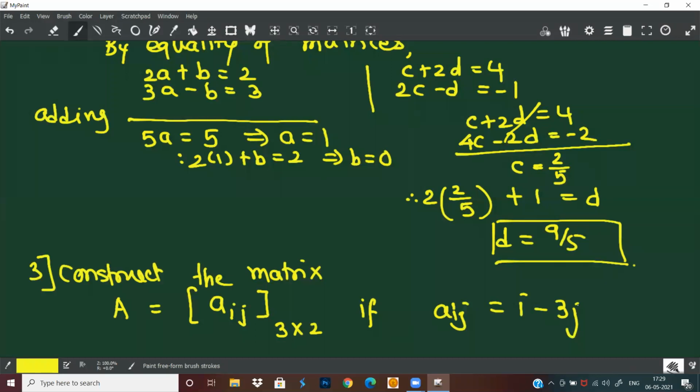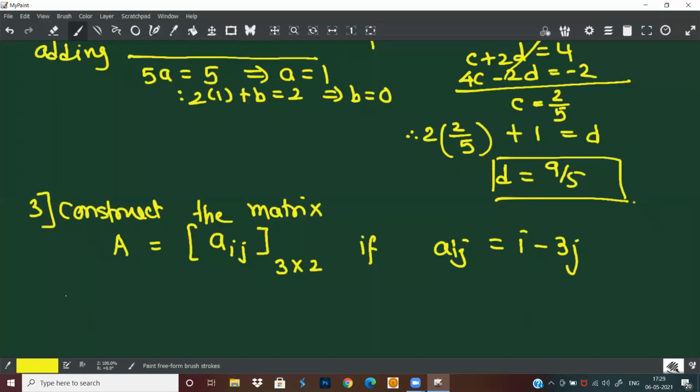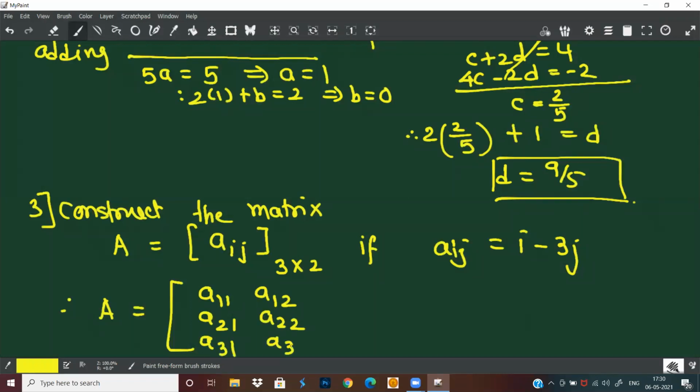Construct the matrix A of order 3 by 2. So अपने को अभी 3 rows and 2 columns चाहिए. So कैसे लिखोगे 3 rows? 2 ही columns चाहिए. A11, A12, second row, second column, third row.